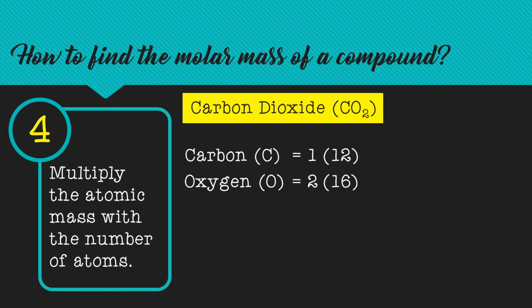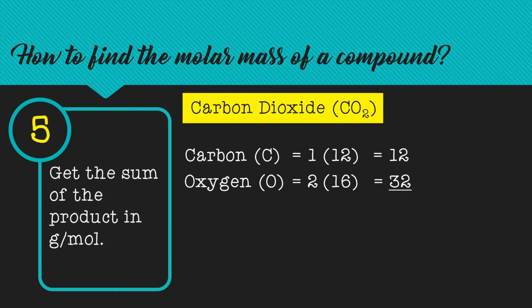Fourth, multiply the atomic mass with the number of atoms. For carbon, we have 12, while oxygen has 32. Fifth, get the sum of the product in gram per mole. 12 plus 32 is equal to 44 grams per mole.